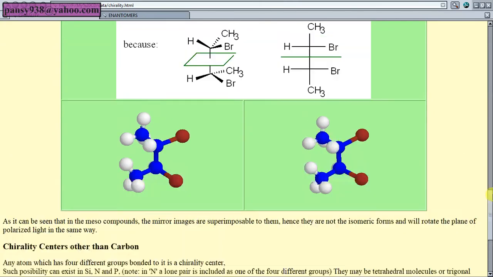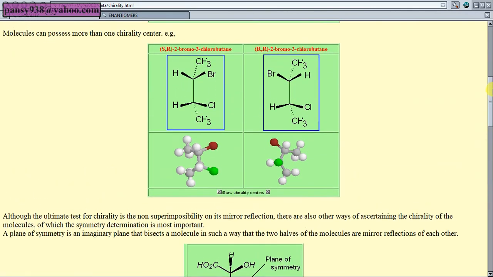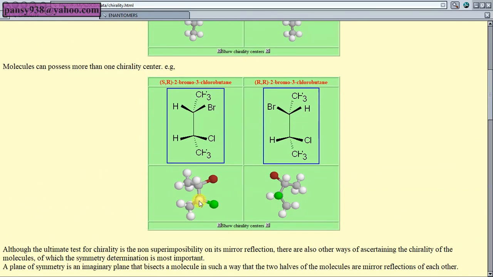Hence, when you see the previous example of 2-bromo-3-chlorobutane, you see that they are non-superimposable, and if the lower part is considered in your mind as the mirror image, it will result in its meso form and denote its isomer.